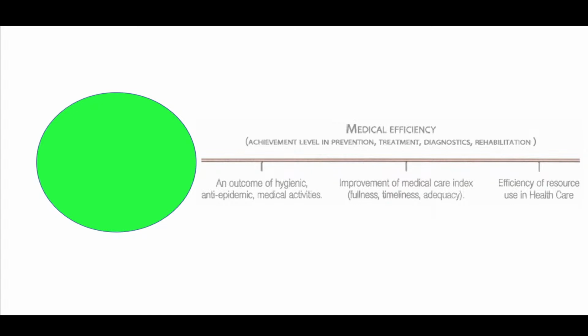We have three elements. First, the outcome of hygienic and anti-epidemic medical activity and so on. The second is improvement of medical care index, and the third is efficiency of resources used in healthcare.